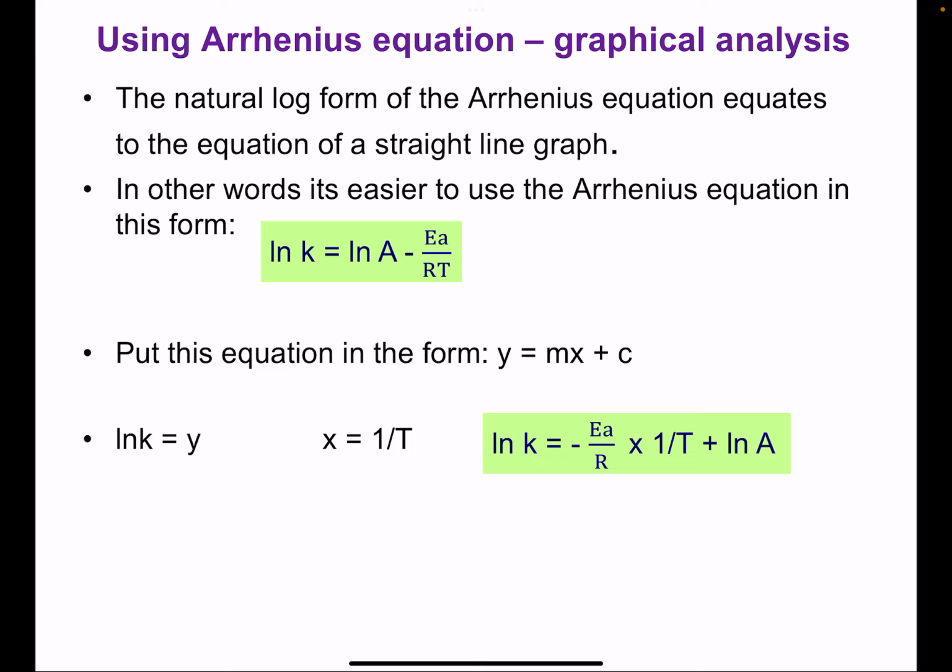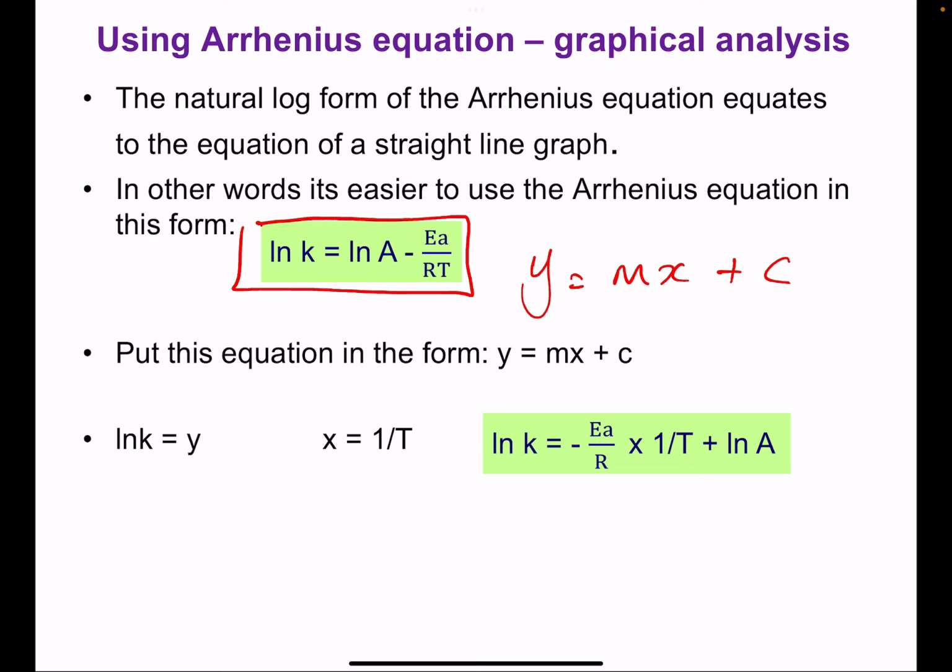So that's basically how to do the Arrhenius equation, how to do the calculation. Now about the graph. Now this format, natural log, is in the format of y equals mx plus c. There's an expectation that you would plot a graph.